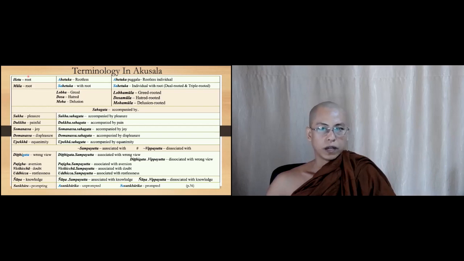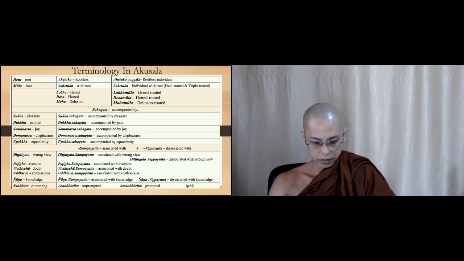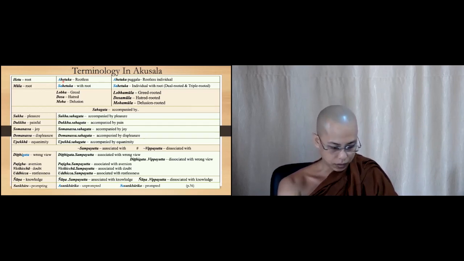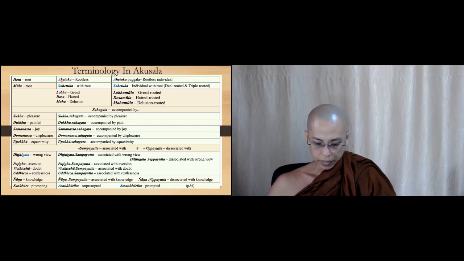Then the word Hetu. Hetu is root. The synonym of Hetu is Mula. Hetu and Mula, same. Sometimes these are called Hetu, sometimes Mula. If we put the word a with Hetu, it becomes Ahetu. Ahetu is rootless.